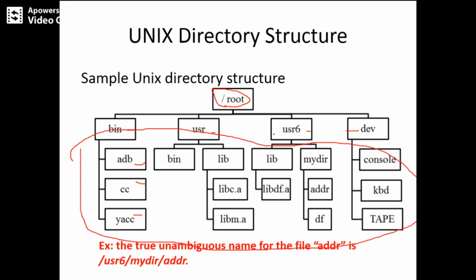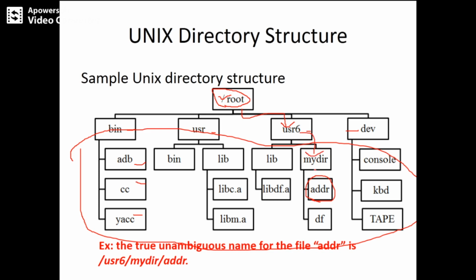Suppose you want to get a particular file, say the ADDR file from the example I had given. How can I go about it? I proceed by slash, that is root. From root I go to the branch user 6, and from user 6 to my directory.